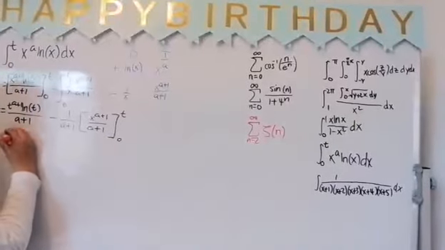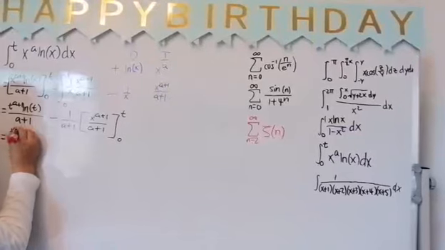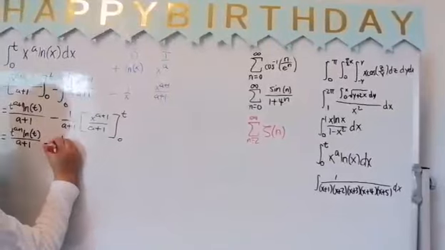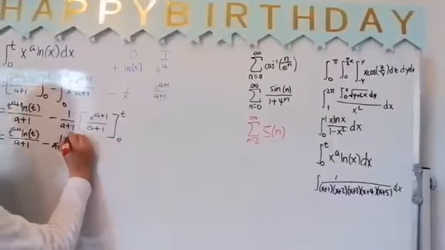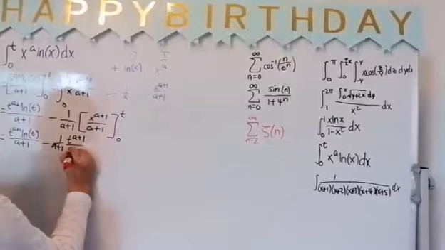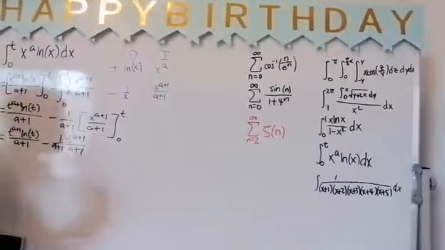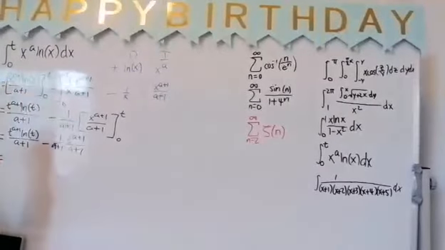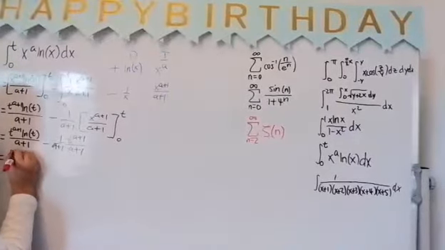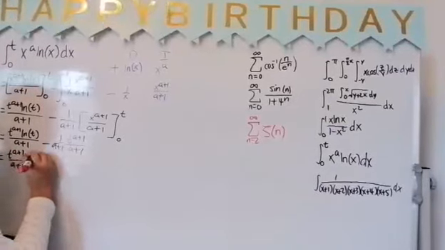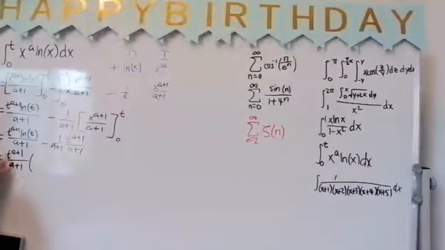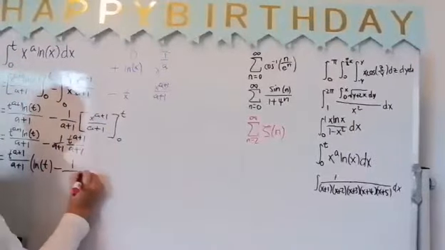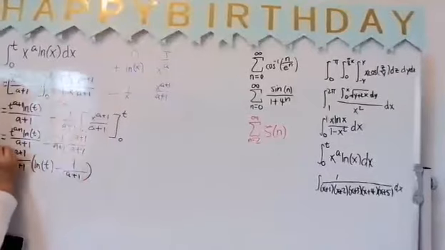So you have t to the a plus 1 times the natural log of t over a plus 1, minus 1 over a plus 1, times t to the a plus 1 over a plus 1. Next, you can also factor out t to the a plus 1 over a plus 1. I'm going to do exactly just that. Here we get t to the a plus 1 over a plus 1 times everything, except the natural log of t, and then over here we just got to subtract 1 over a plus 1.